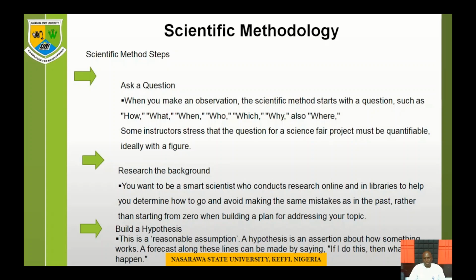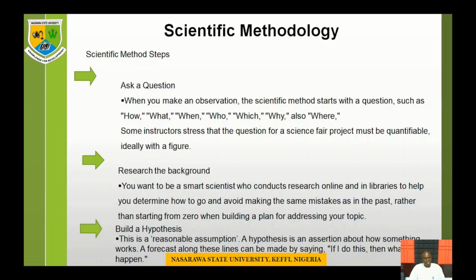So that will save you time, that will save you money, and so many other things, because if you have a target to achieve, and then somebody somewhere happened to carry out a research before you, and then he follows some procedure, and the result seems to be slightly different from what you are looking for. So you try to look at the methodology, either to modify or to change completely. And then the third step is for you to build a hypothesis.